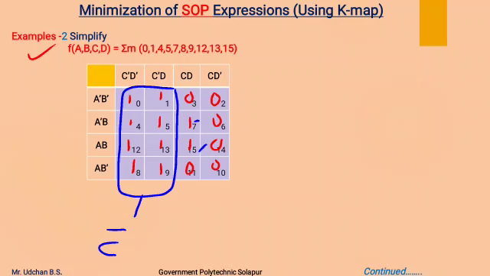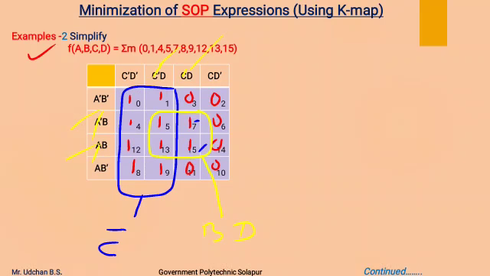So here we can make a quad by using ones which are involved in this octet. So this will be our second group. For this the related terms are a bar b, a b, c bar d, c d. From this a bar gets cancelled, c bar gets cancelled with c, so we will get b d for this quad.